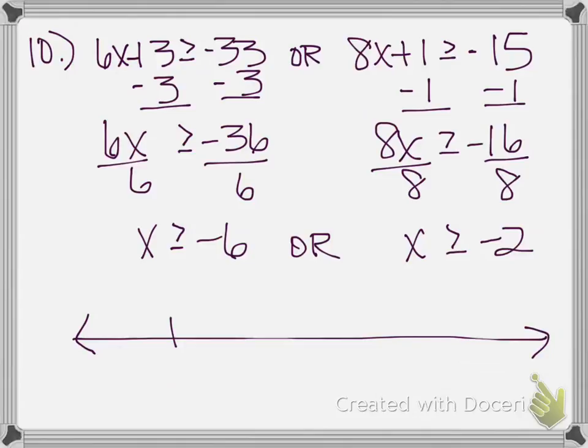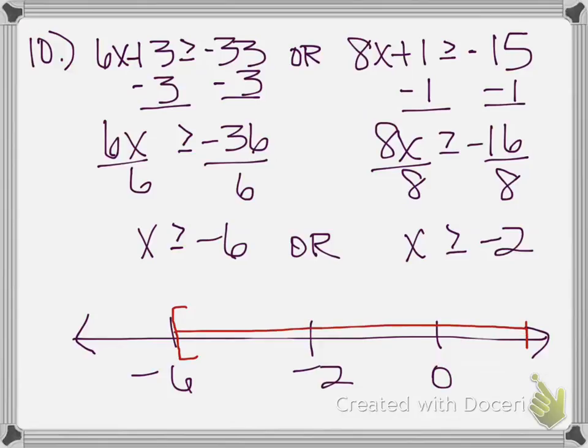So let's see here. I've got -6, -2, and I'm going to throw 0 on here just for some perspective. Okay. So I'm going to graph them individually first. If I want greater than or equal to -6, greater than or equal to -6 would be a bracket opening to the right, and I would shade that direction.